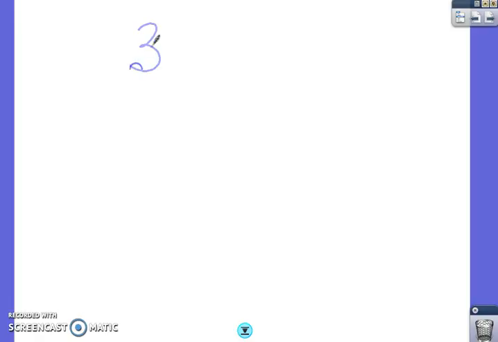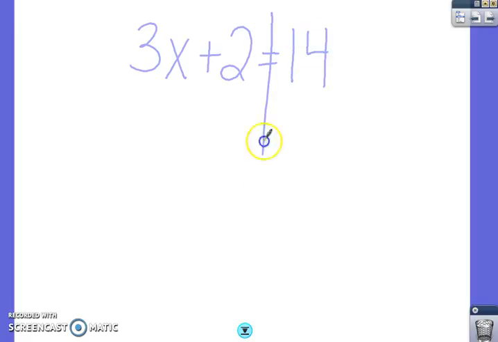What if I have 3x plus 2 equals, let's do 14. So now I have a little bit more to do. What I always want to look for is my variable, my x. Right now, 3 and x are like best friends. They're not separable until I get this other third best friend out of the way, okay?